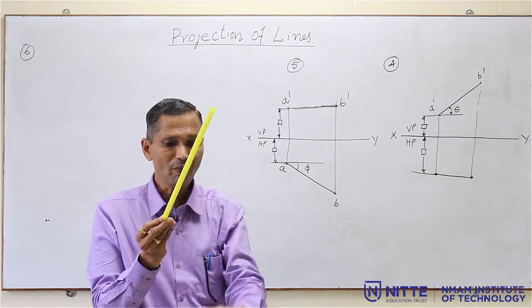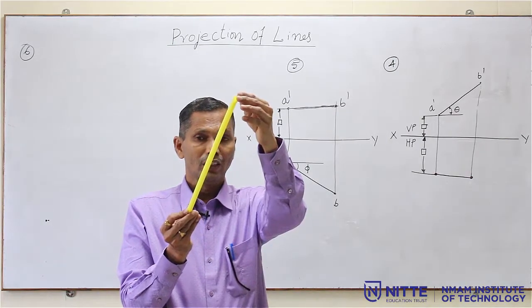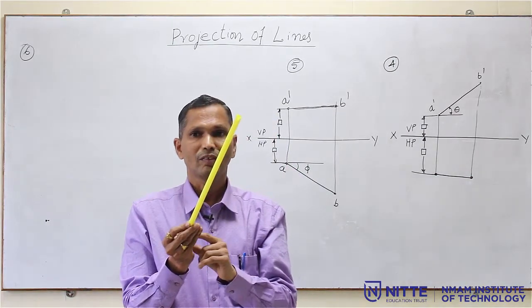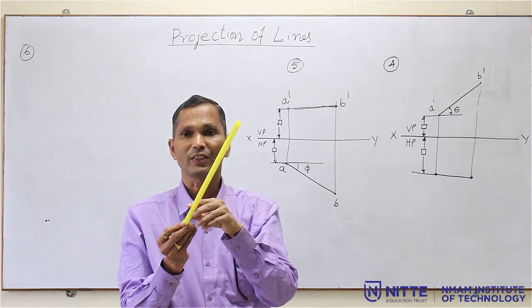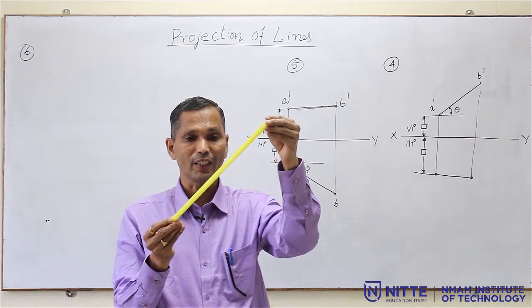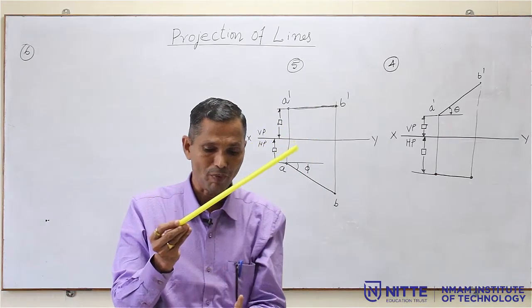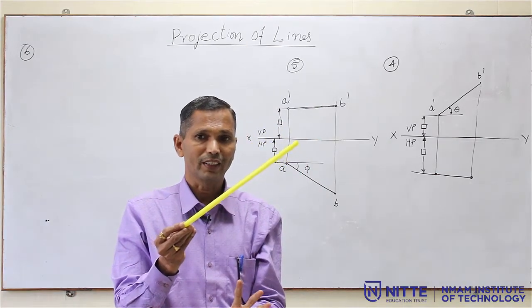What about the top view? We are going to get a line. What about the length of that particular line? Is it 100 mm? Once again, it is not 100 mm because it is inclined to HP. So, its top view will be a shortened length.